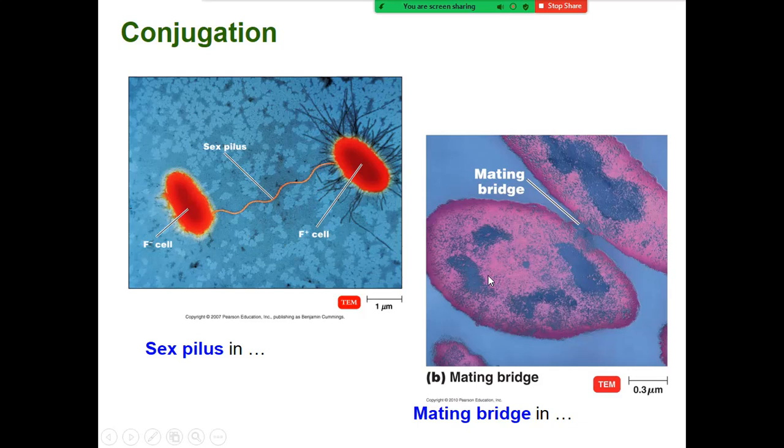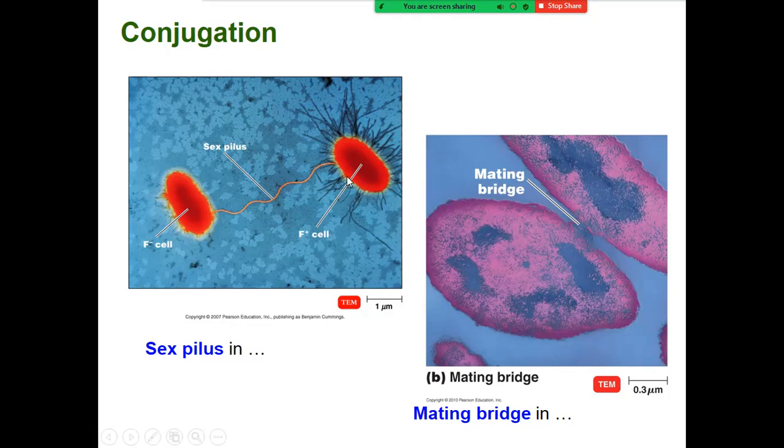And that's where two cells come together, and then their cell membrane fuses, and then a channel gets made in the mating bridge so that the cytoplasm of this cell is now connected to the cytoplasm of that cell. And then DNA from one cell can move out of this cell and then move into the other cell. That is how sexual conjugation happens in gram-positive cells.